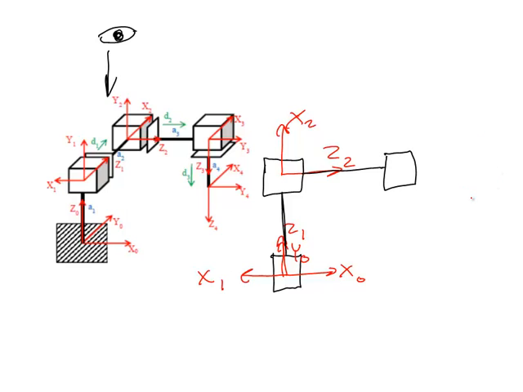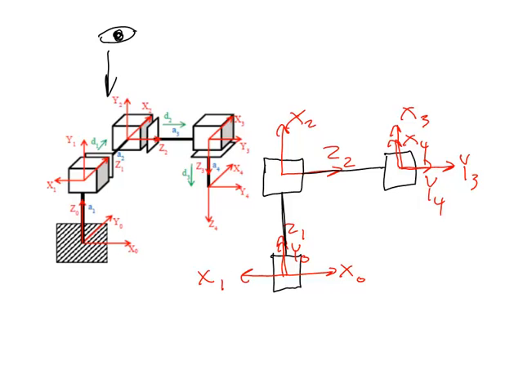And we have the axes that we can see from joint number 3, which will be Y3 pointing to the right and X3. But Z3 will be invisible. We also won't be able to see the end effector, but we will be able to see some of the end effector axes. We'll be able to see Y4 pointing in the same direction as Y3, and we'll be able to see X4 pointing in the same direction as X3.